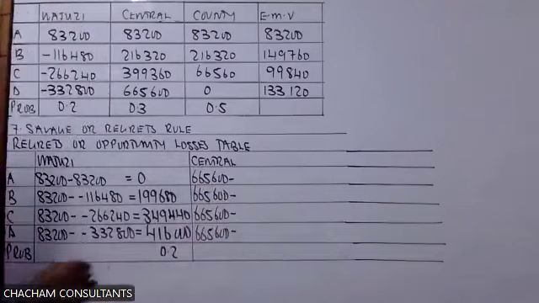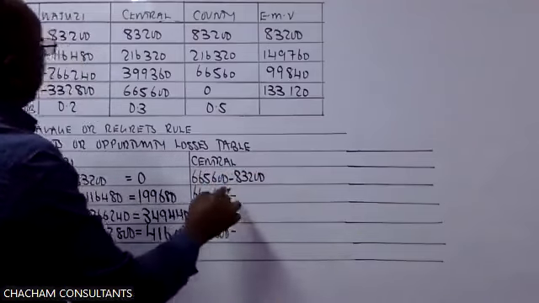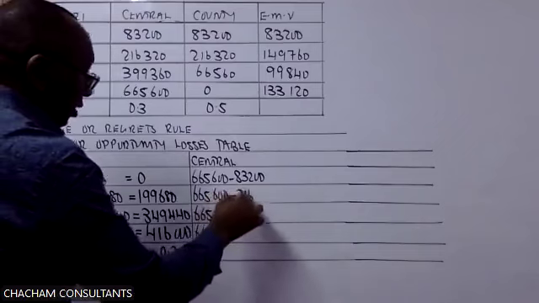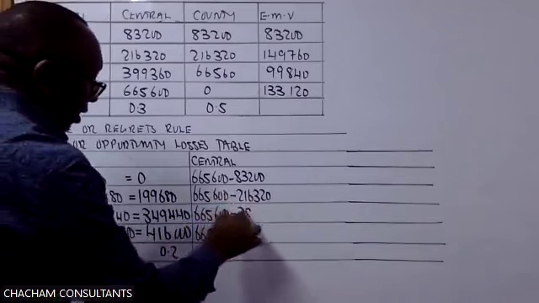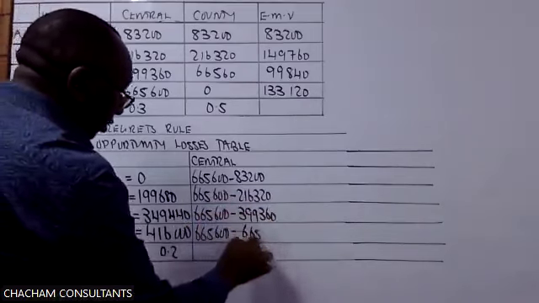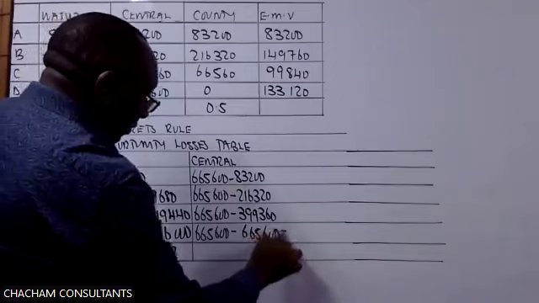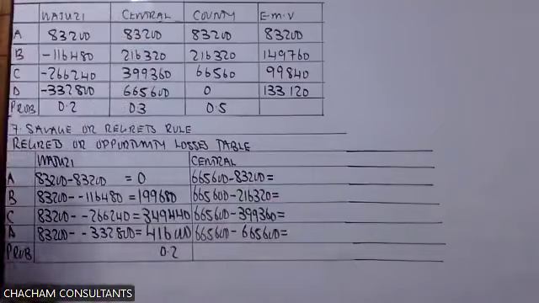Then you subtract the others: 83,200, 216,320, 399,360, and 665,600. So once you get the first one, tell me.